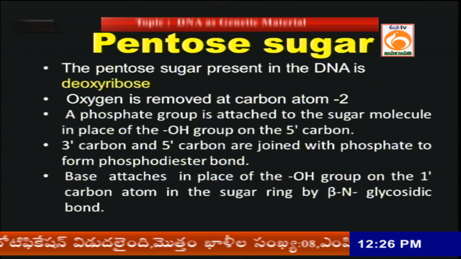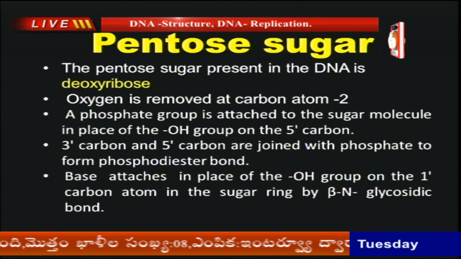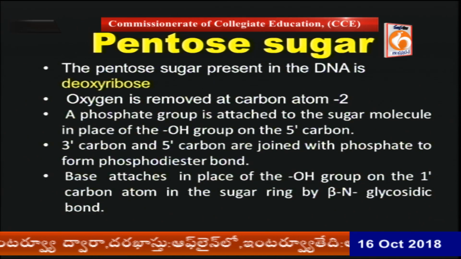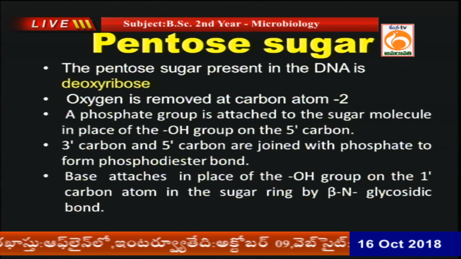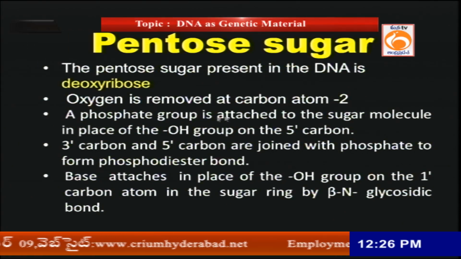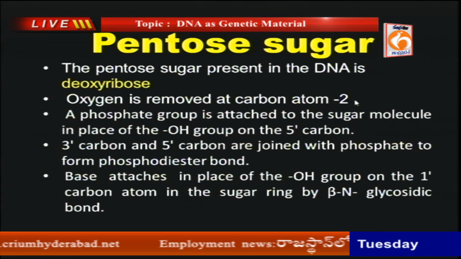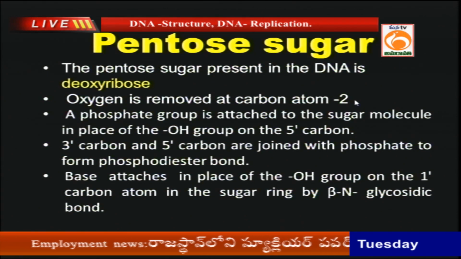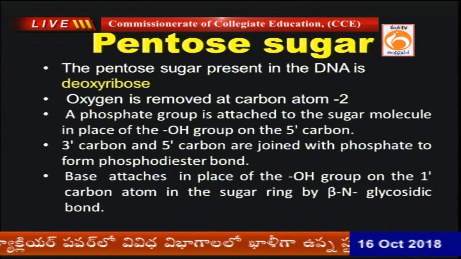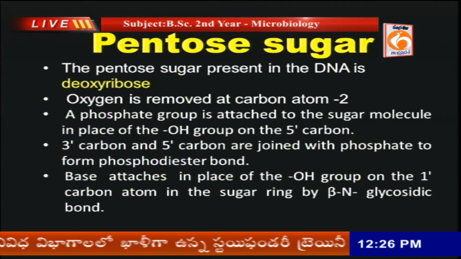Now, we will move to discuss the properties of the pentose sugar. It is a deoxyribose sugar. The oxygen atom present at carbon atom 2 of ribose sugar is missing. So, it gets the name deoxyribose sugar, and DNA has the name deoxyribonucleic acid.